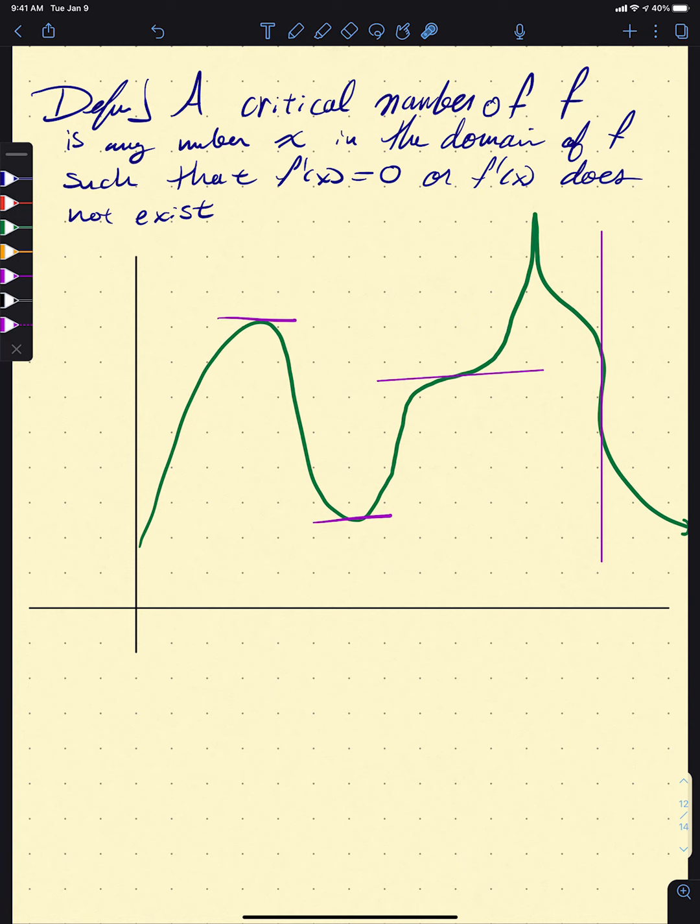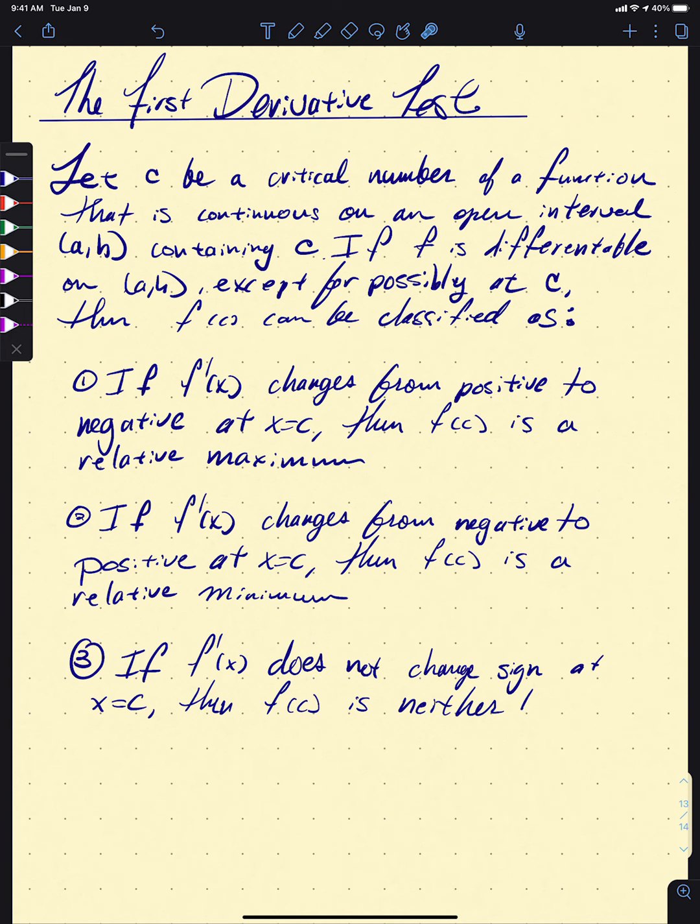Notice that the big difference between these extrema and these things that aren't extrema is that here my derivative goes from positive to negative, but here it goes from positive to positive. Here it goes from negative to negative, but here it goes from negative to positive, right? This is the key insight of the first derivative test.